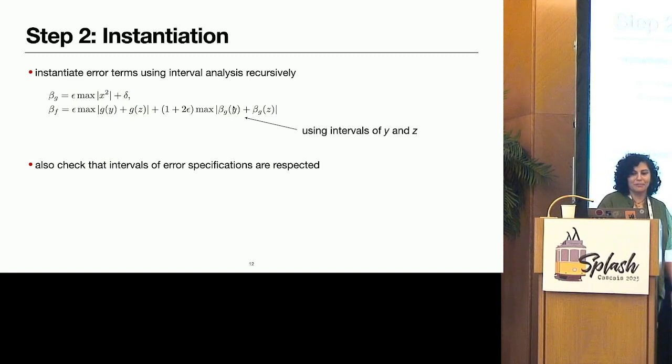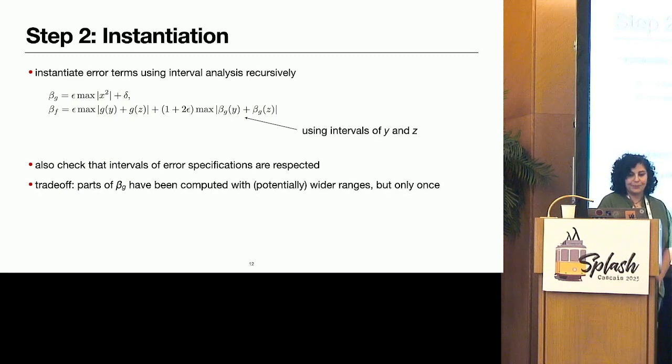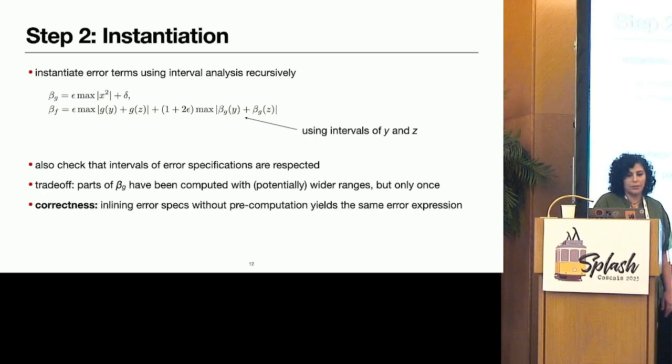As I mentioned before, we have a trade-off here: since we are pre-computing some smaller terms, we improve the performance. However, since we are potentially using wider ranges for evaluation, we lose a bit of accuracy.